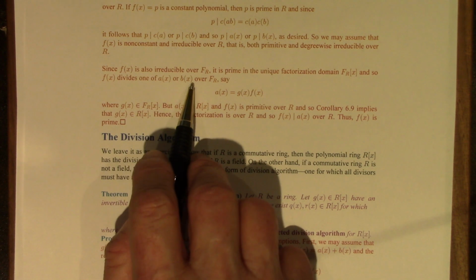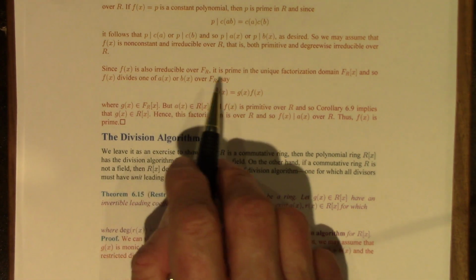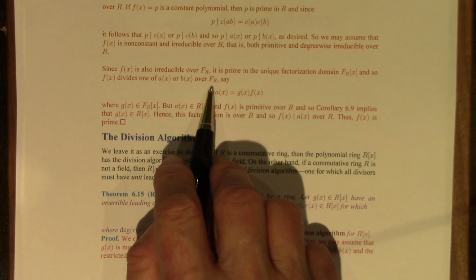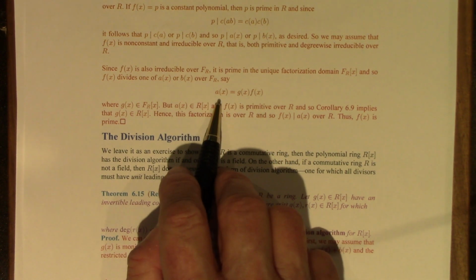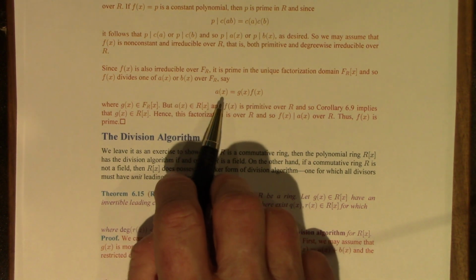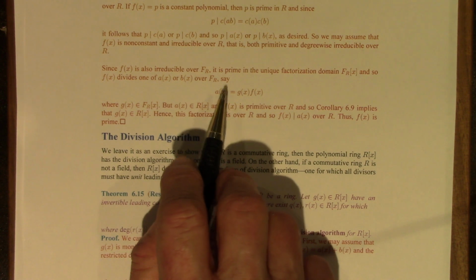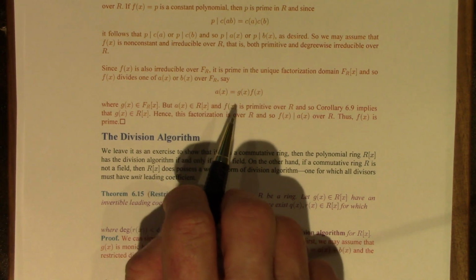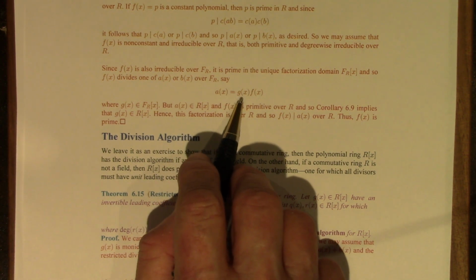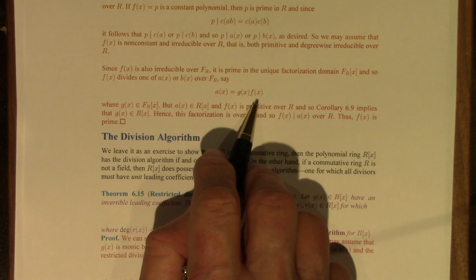So f of x divides one of a or b, possibly both, over F sub R, which means, let's say we can assume it divides a of x because there's a symmetry here. a of x is g of x times f of x.